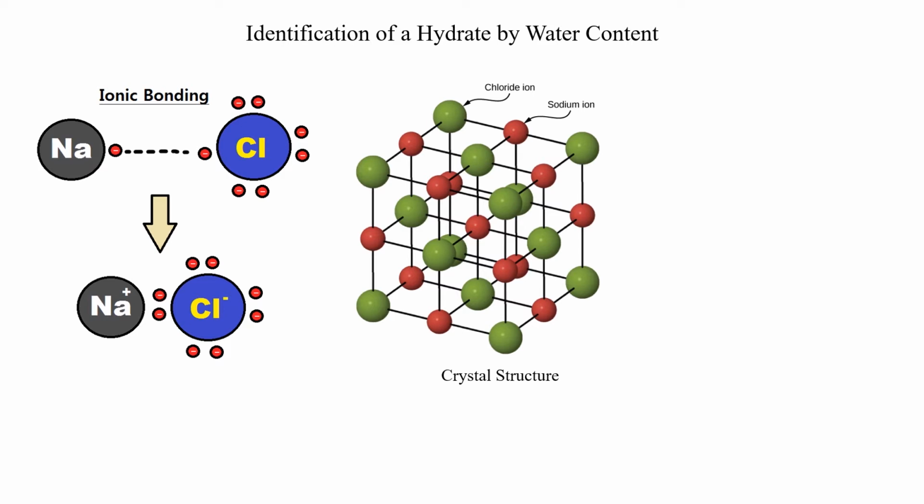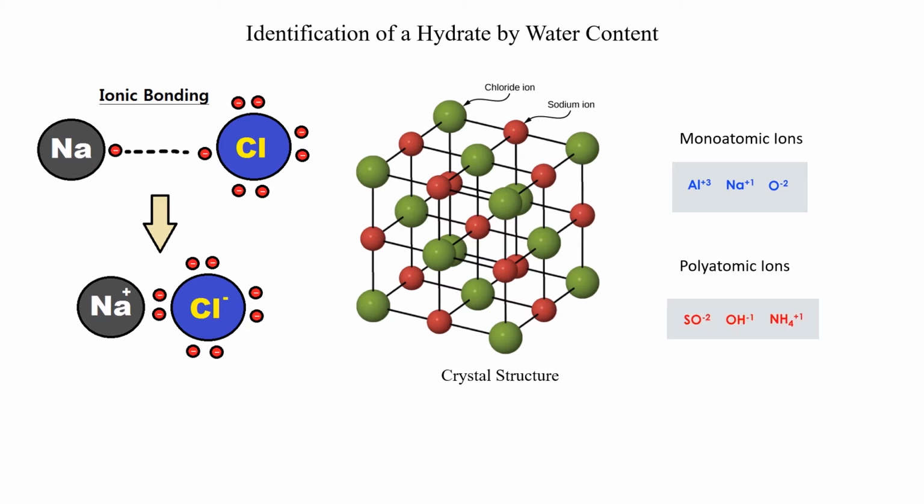This kind of structure is very well known for ionic compounds, and these can be composed of either monoatomic ions, for example sodium and chloride, or aluminium over here, or of polyatomic ions, which we saw in the previous example of magnesium sulfate, or sulfite here, or hydroxide or ammonium.